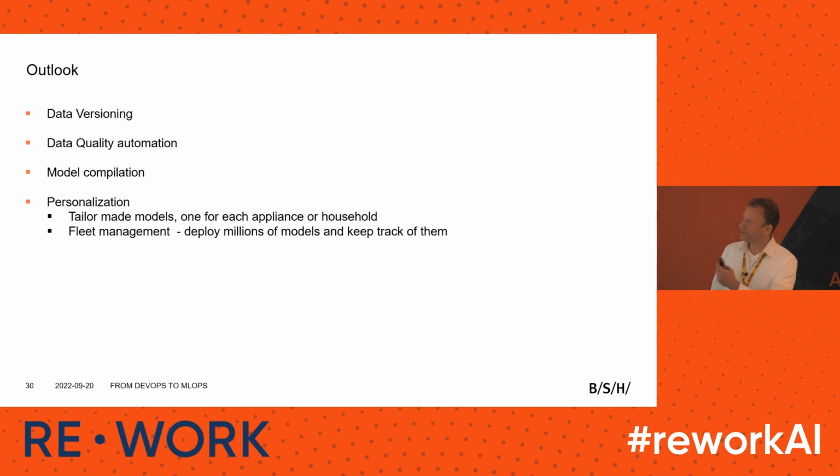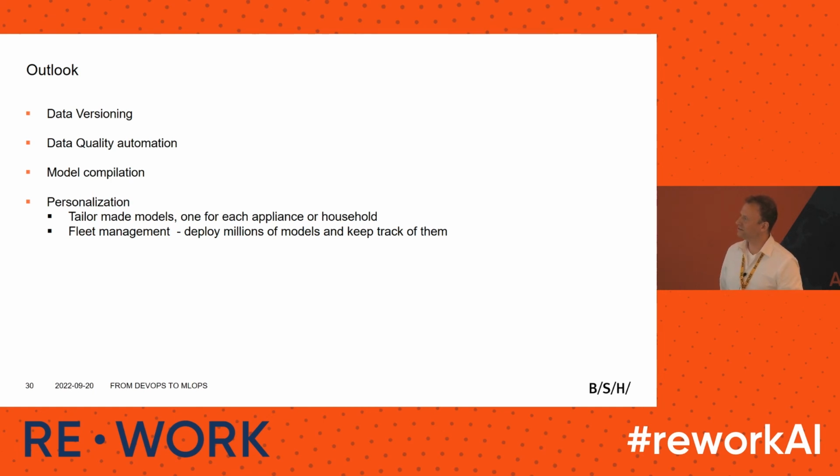Then model compilation: we want to have a deeper look into also saving more cost, and ideally really train a model only once and deploy it on multiple infrastructures. And one bigger goal we have for the next years is getting more and more into personalization.